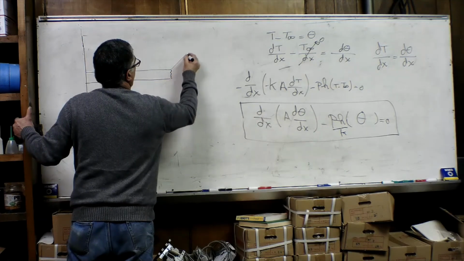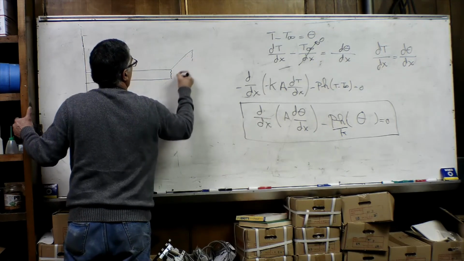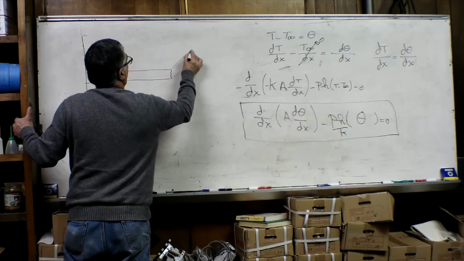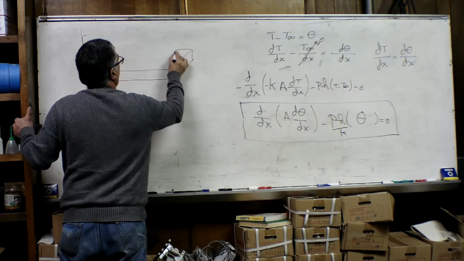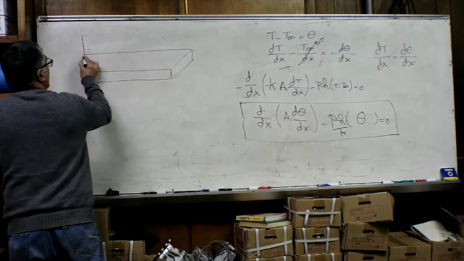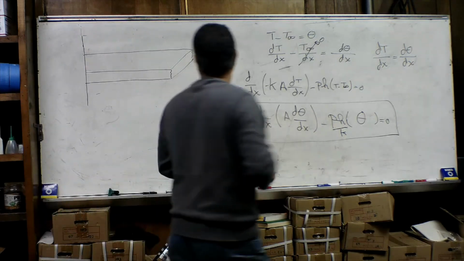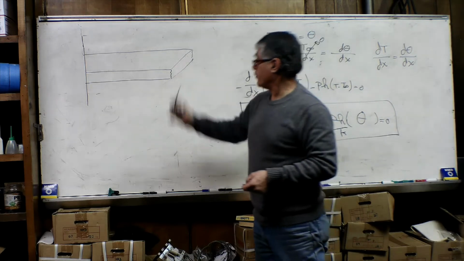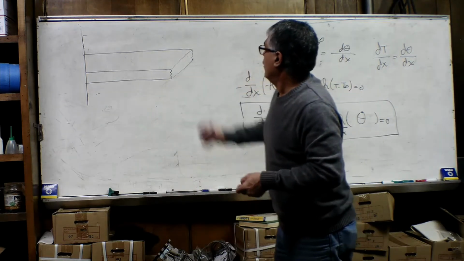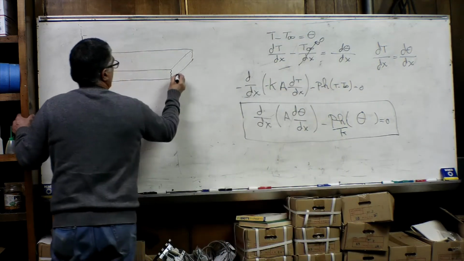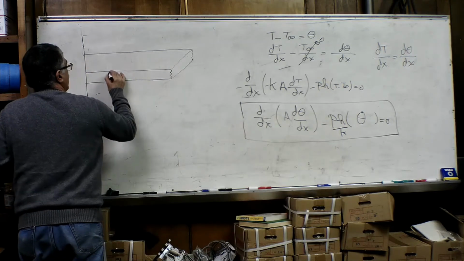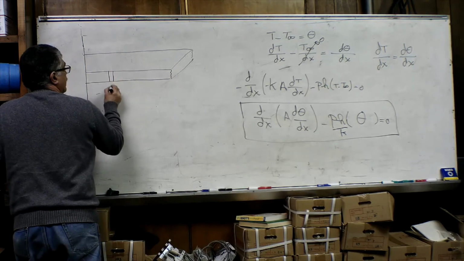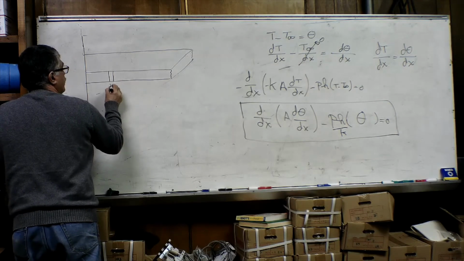So this is our fin. This is in the case of a slab like that. So here, let's assume again a differential volume, a control volume dx.